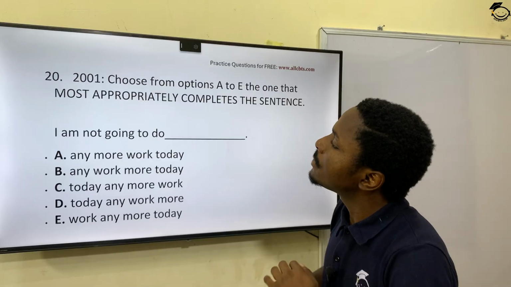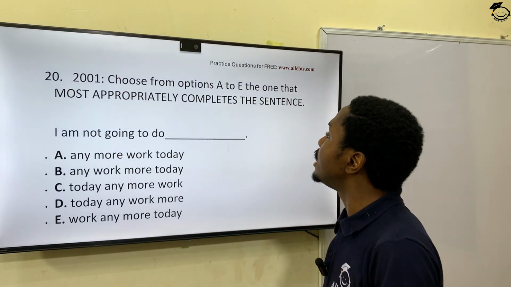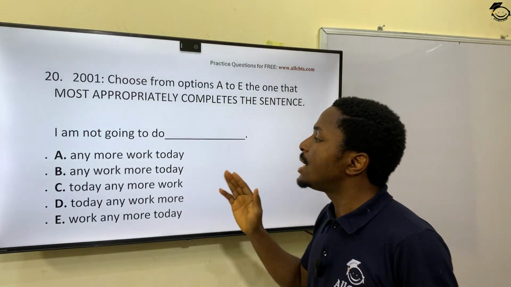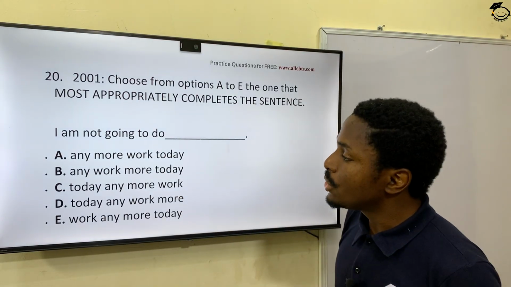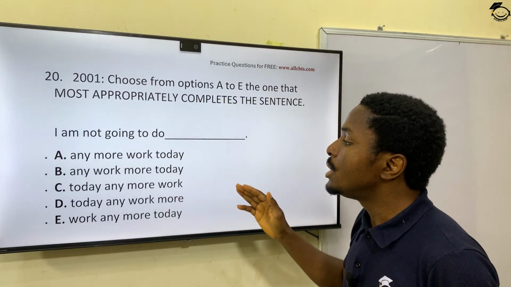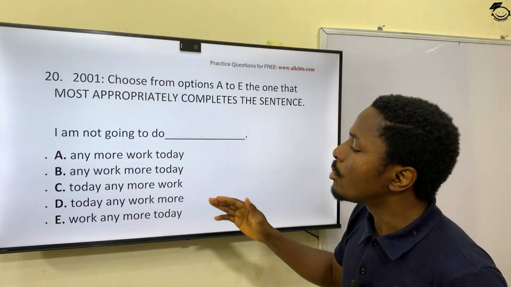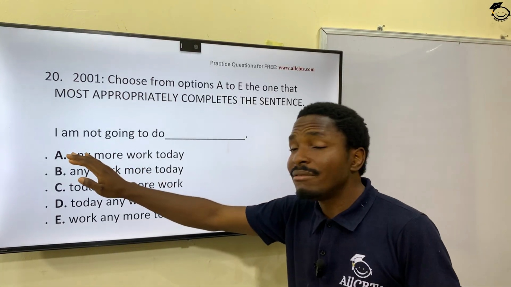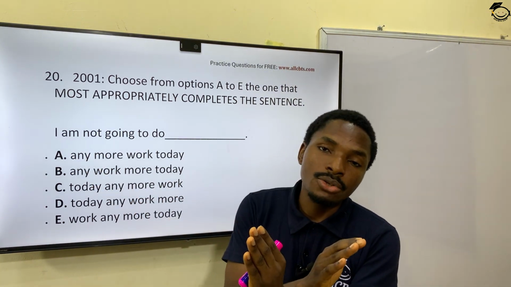Question 20 from 2001. Choose the option A to E that most appropriately completes the sentence. I am not going to dash. I'm not going to do dash. Which of these options completes that? I am not going to do any more work today. I'm not going to do any work more today. They all have the same wordings. The only difference is the placement of the wordings.